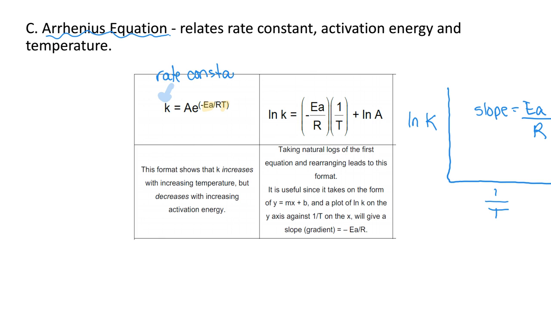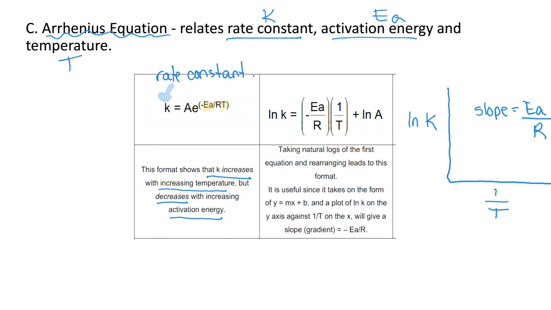All you need to know about this equation is it shows the relationship between our rate constant k, our activation energy, and temperature. What it shows us is that k is going to increase as the temperature increases, but k is going to decrease as activation energy increases.